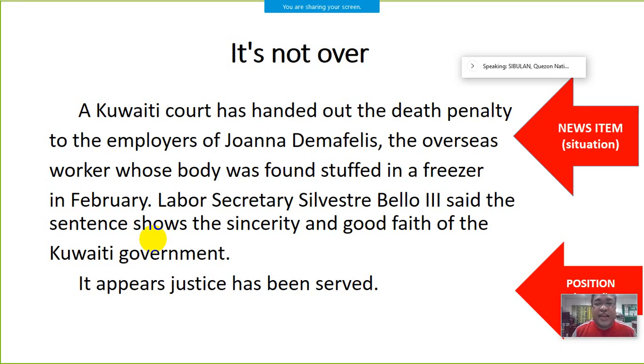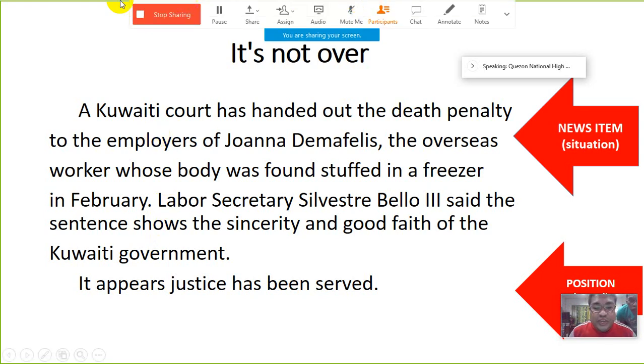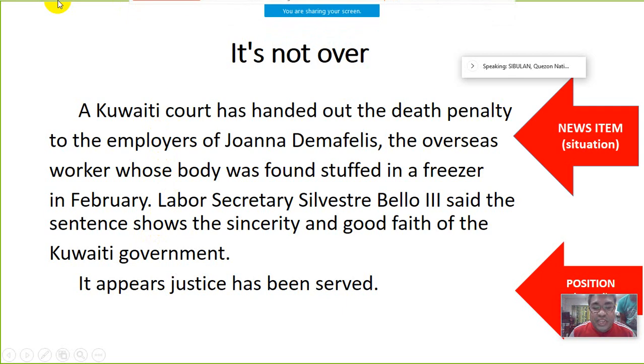Now let us try to analyze. The title is "It's Not Over." So we realize that it is connected to the position. It appears justice has been served.